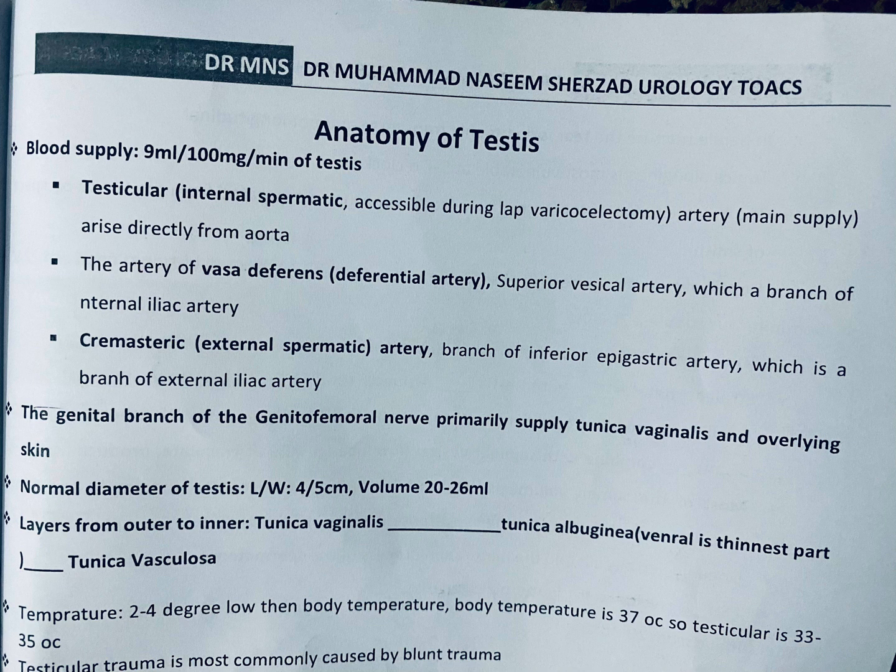And the anatomy of the testis is also important. The blood supply to the testis is 9 ml per 100 mg per minute, and the testicular supply is also important. The main arterial supply to the testis is from the testicular artery, also called the internal spermatic artery, which is the main branch and arises directly from the aorta.